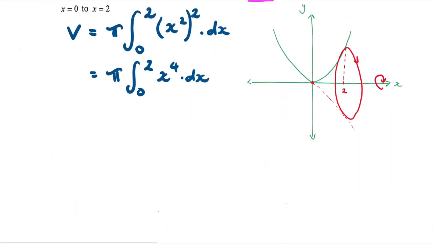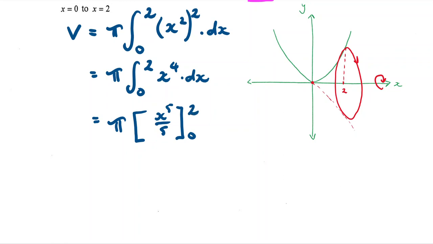Okay, then we want to integrate. So we're going to leave the pi sitting at the front. We're going to open up some square brackets, and when we integrate, we add 1 to the power and we divide by the power, and put the 0 and the 2 on the ends of that. Then we are going to sub in our values. So when x is equal to 2, we would have 2 to the power of 5 over 5, and then we would subtract, sub in 0, so 0 to the power of 5 over 5.